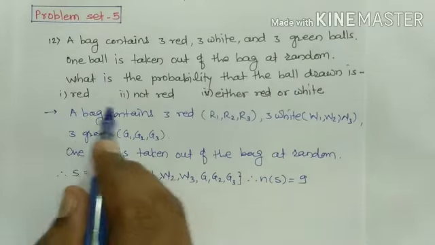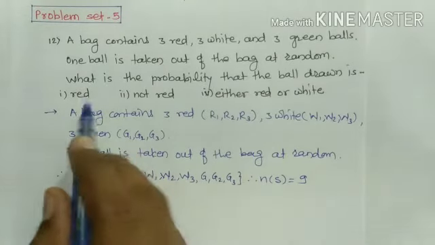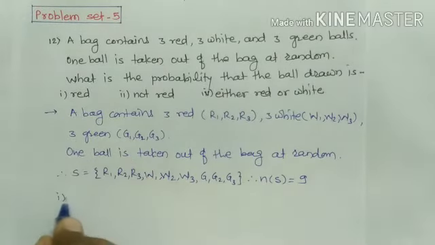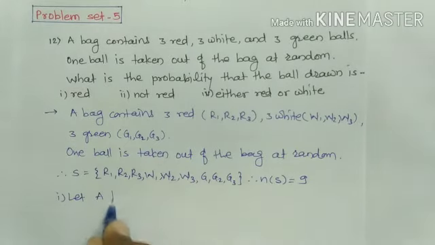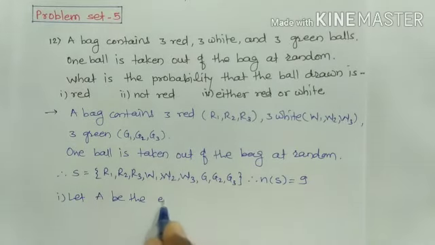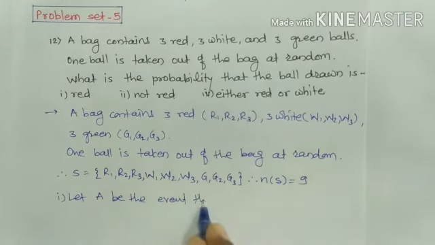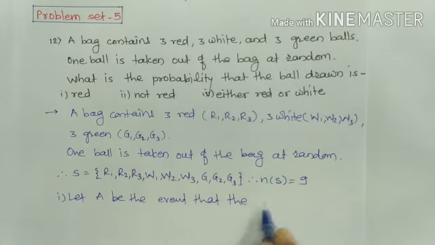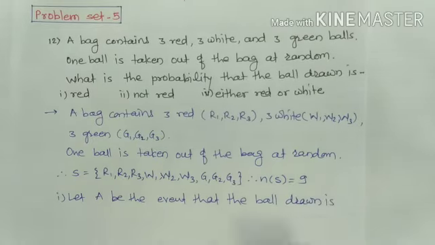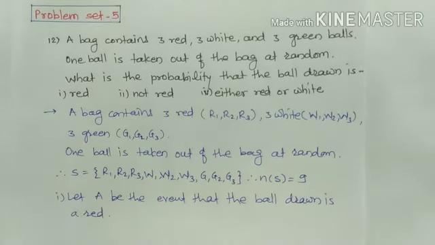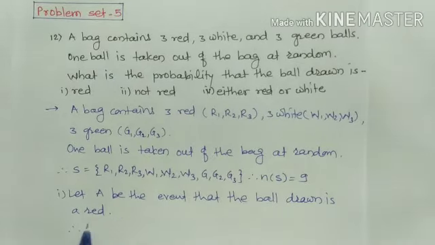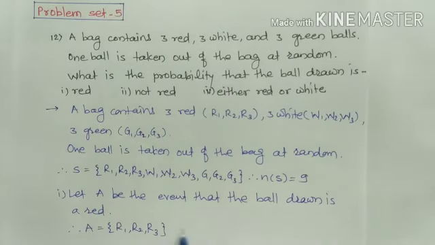Now 3 events are given. Here we have to find out the probability of each event. See, let A be the event that the ball drawn is a red. This is the first event, and therefore for this event A, there are 3 red balls, that is R1, R2 and R3.